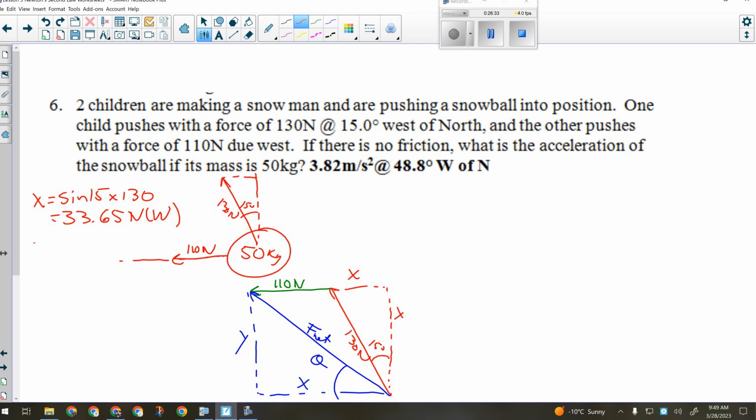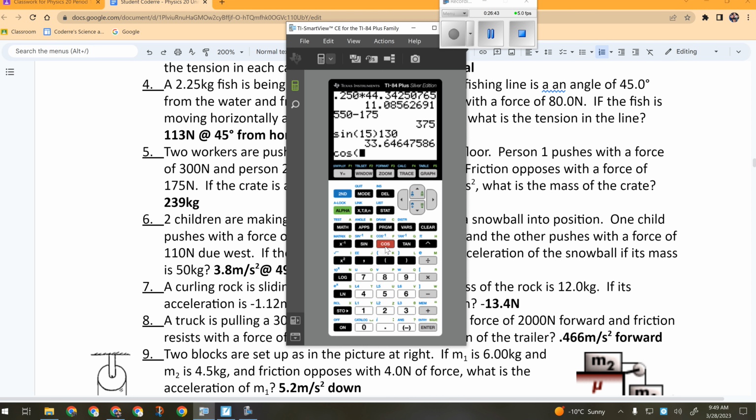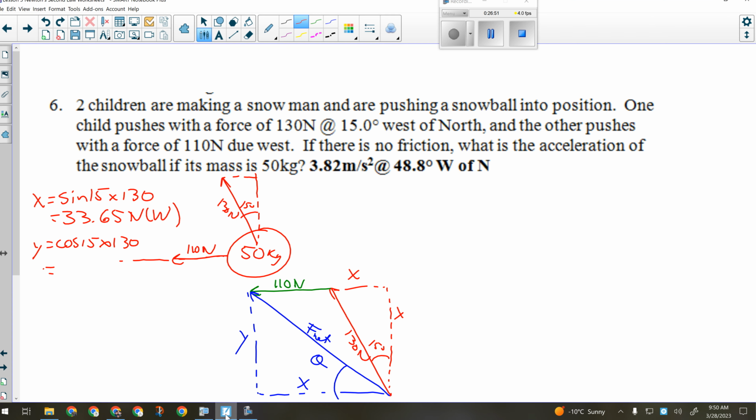Our y component is the adjacent side, so cos of 15 times 130. So 125.57 newtons north. For our 110, it's just due west. It doesn't have a north component, so that part's easy.